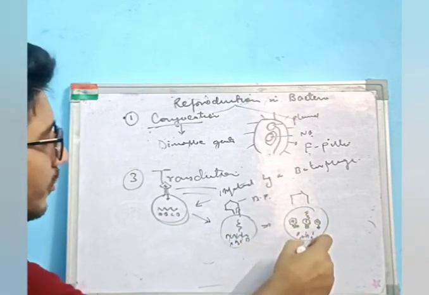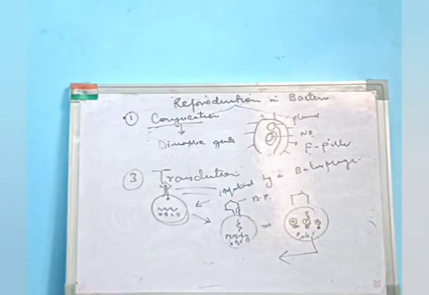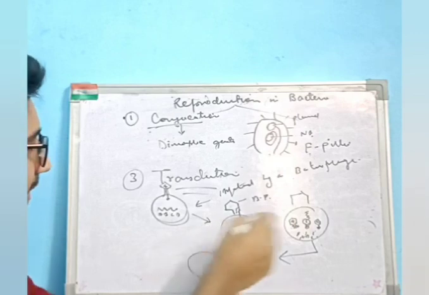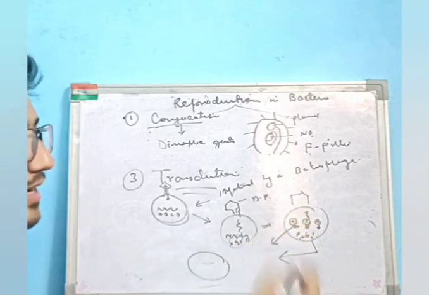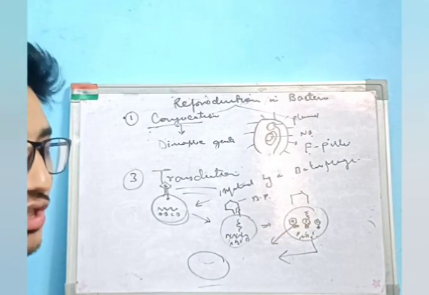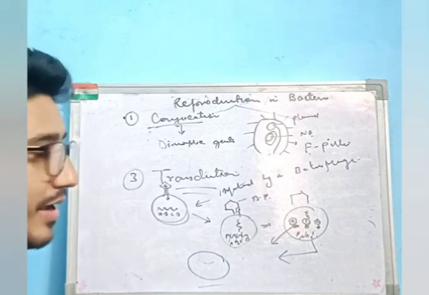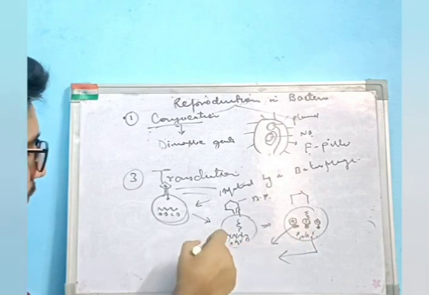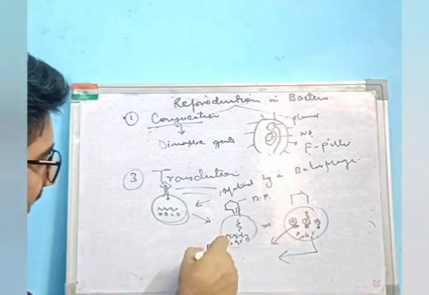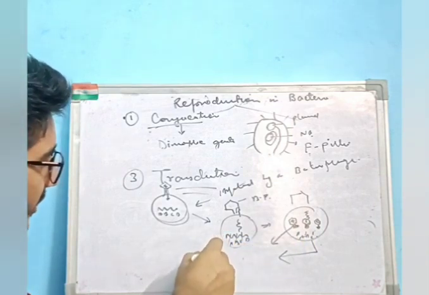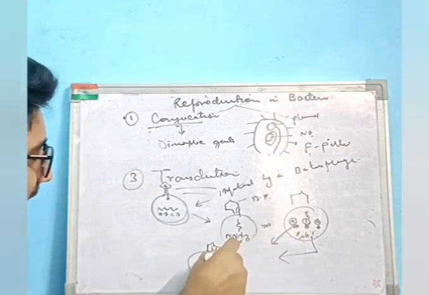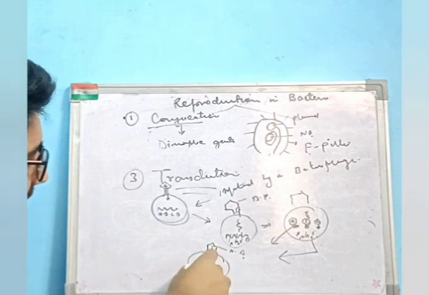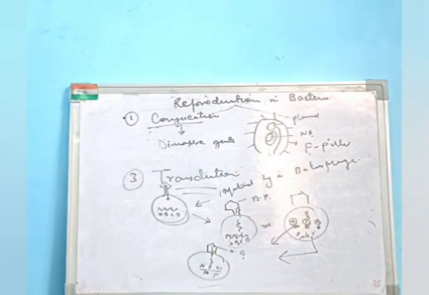The bacteriophage then infects another bacterial cell, for example this new bacterial cell, and transfers the genetic material of the previous bacteria, for example the A or B gene, and through this the bacteria reproduce and make double copies.